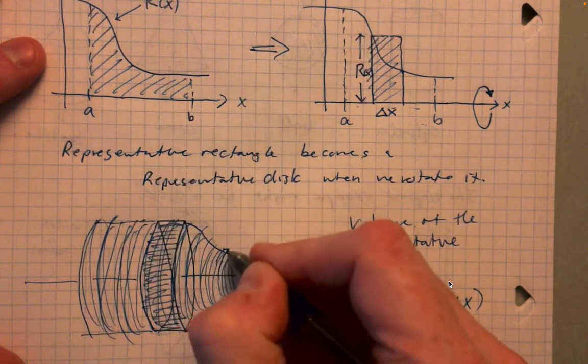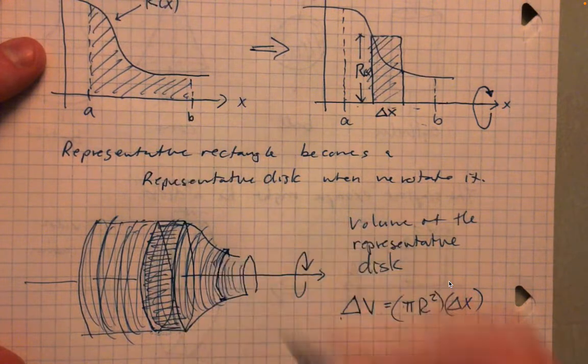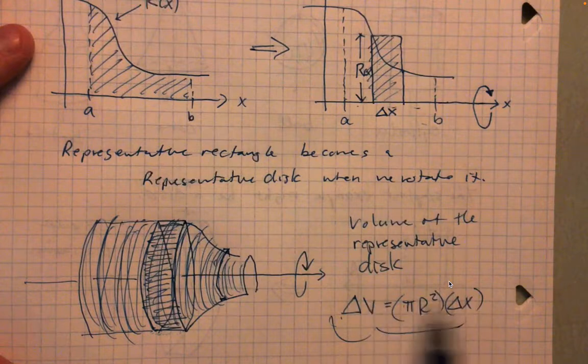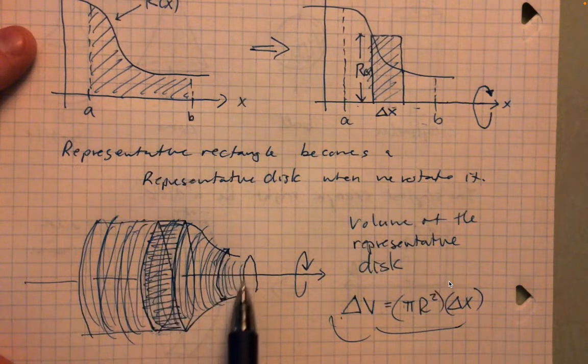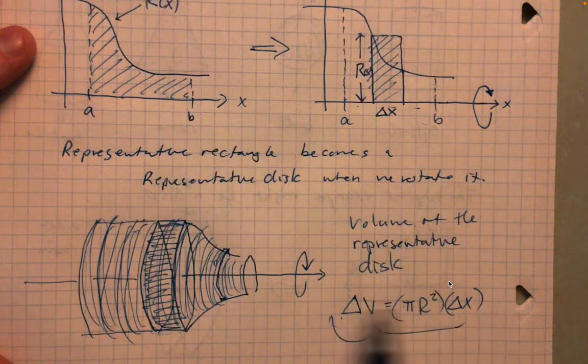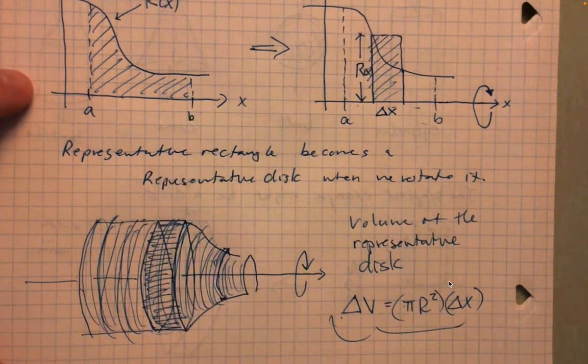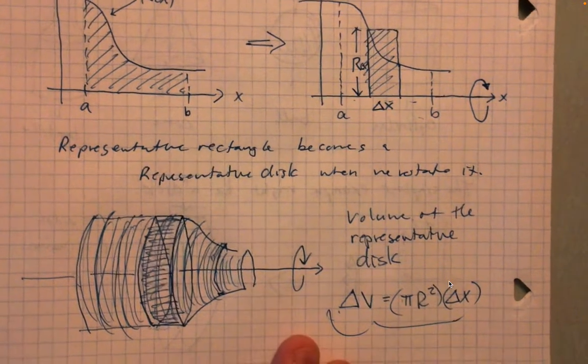So each one of these is a representative disk. Okay, and each one of them is going to have a volume that can be calculated using this exact formulation. And when you add all of those little volumes of the representative disks up, what you're going to get is the volume of the shape overall. Okay, so let's look at what that calculation looks like.